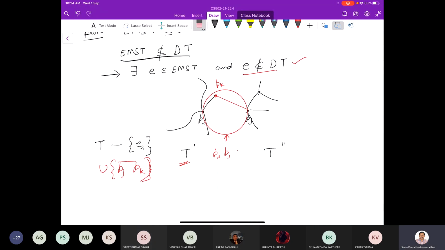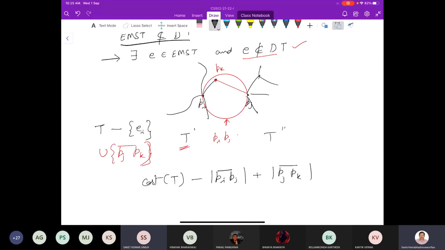Now, what is the cost of this new tree that we got? The cost of this tree is the cost of T minus the edge length of E, that is, the length of PiPj, plus the length of PjPk. Agree? Yes, sir.